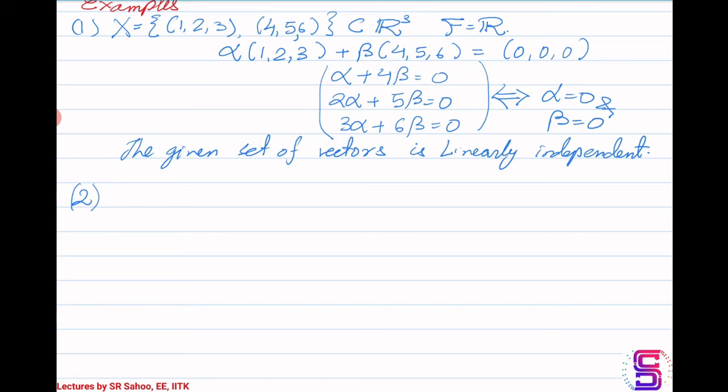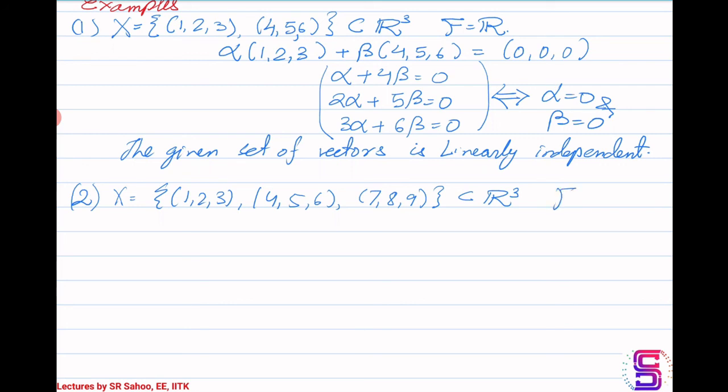Similarly, consider another set. We'll consider the same set of vectors (1, 2, 3) and (4, 5, 6). With it, we'll take one more vector in the set. Again, this is a different set. This set has 3 vectors, all vectors are non-zero.